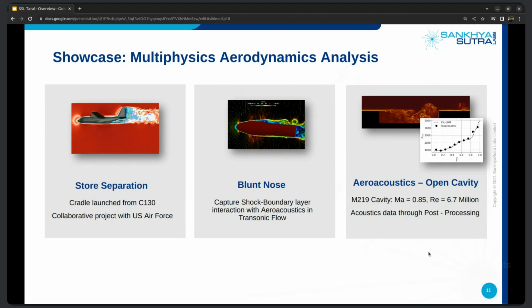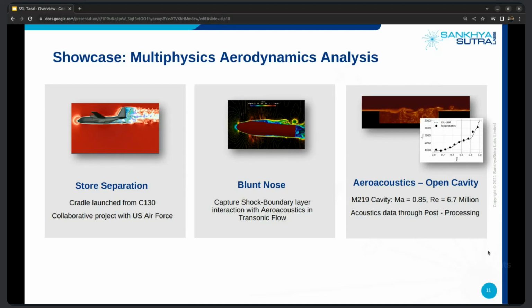And now more and more governments are adopting very stringent regulations for this, so it becomes very important for product designers to give a lot of importance to the sound generation from their product. So the example you see here is of transonic flow over an open cavity, and the basic quantity that you want to measure here is the RMS of pressure at different locations along the floor of the cavity.